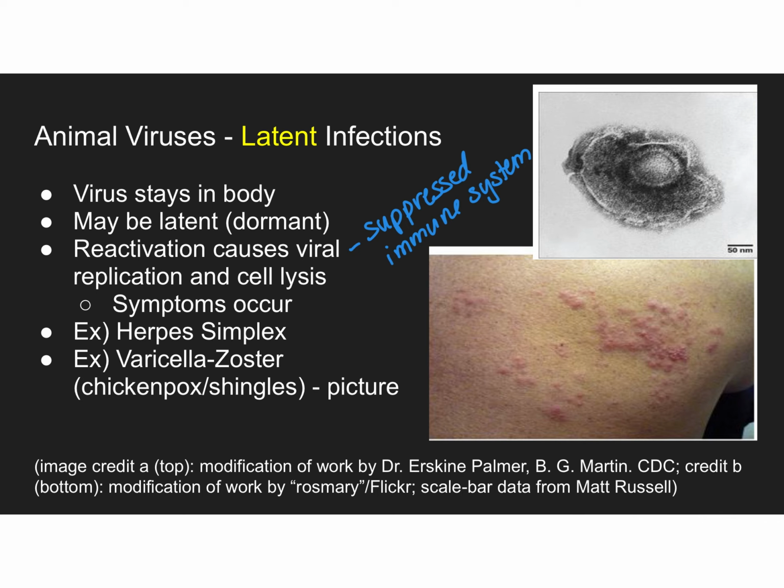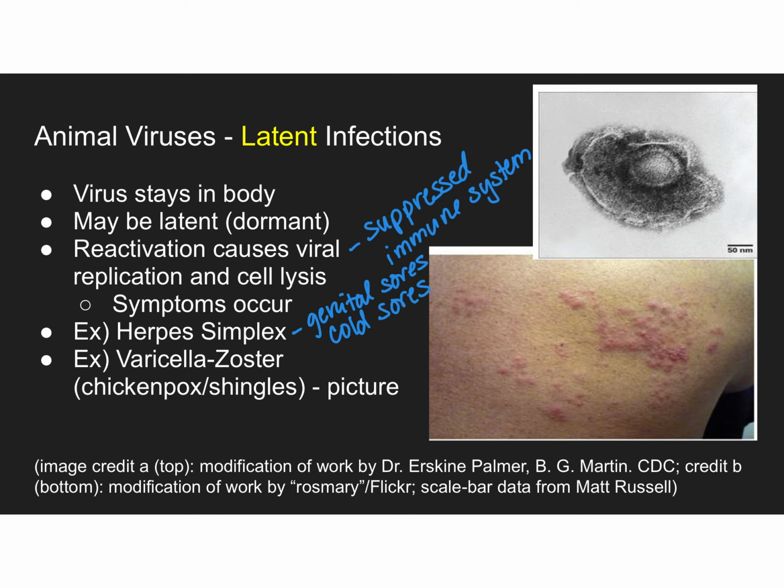Some examples of viruses that can cause latent infections include the herpes simplex virus. And this is the virus that can cause either sores on the genitals, so that would be a sexually transmitted disease, or there's an oral form that causes cold sores.